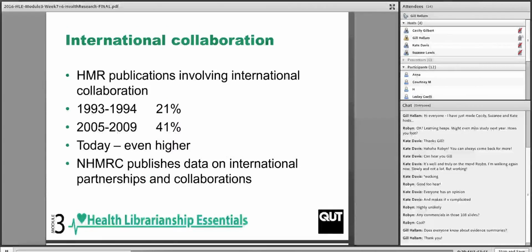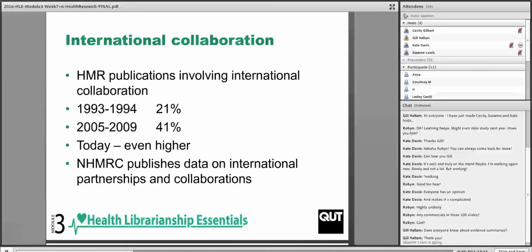Another important angle that we need to be very aware of is the area of international collaboration. Those of you in the academic sector are probably very aware of the big push towards far greater international collaboration, interinstitutional collaboration as well, so across this country as well as overseas. And you can see from the figures there that way back in 1993-94, international collaboration in the publications was around 20%, and that's doubled by 2009.